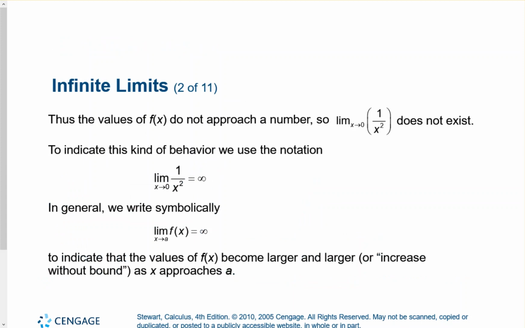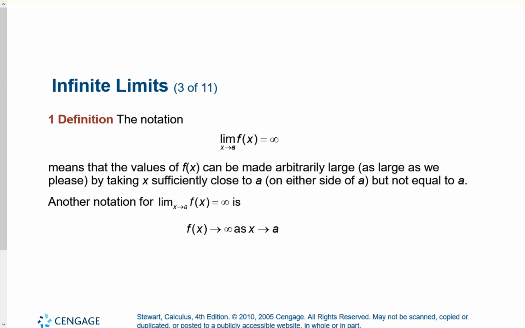Okay, so symbolically we could say the limit as x approaches a of f of x equals infinity. This notation means that the values of f of x can be made arbitrarily large as we please, by taking x sufficiently close to a on either side of a, but not equal to a.